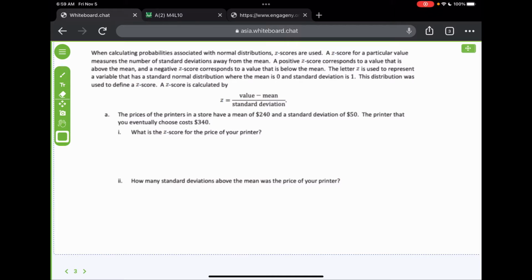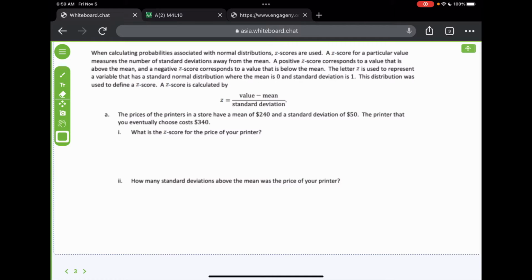A positive z-score corresponds to a value that is above the mean. A negative z-score, of course, would be below the mean. The letter z is used to represent a variable that has a normal or a standard normal distribution where the mean is 0 and the standard deviation is 1.